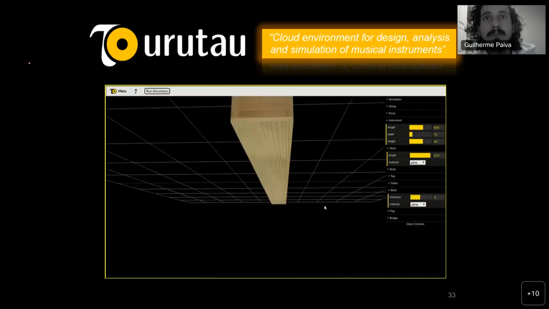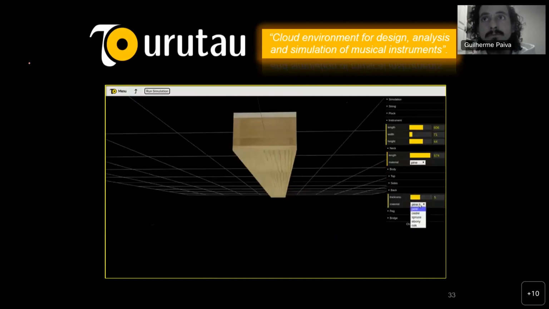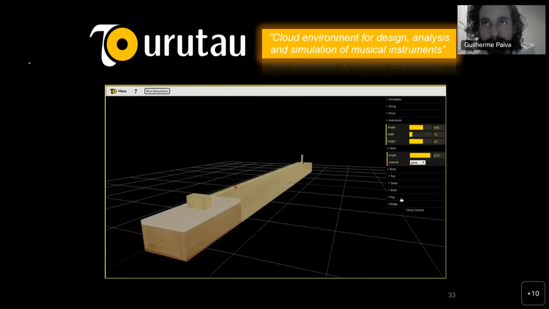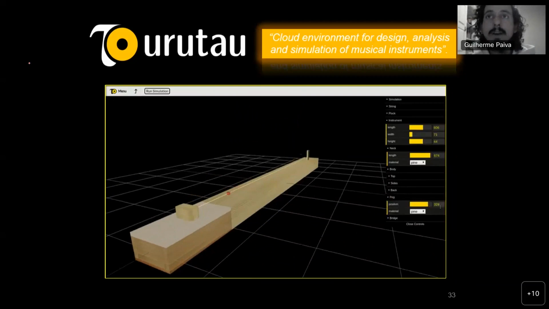The back plate. The peg, we can also adjust some position of the peg, the material.